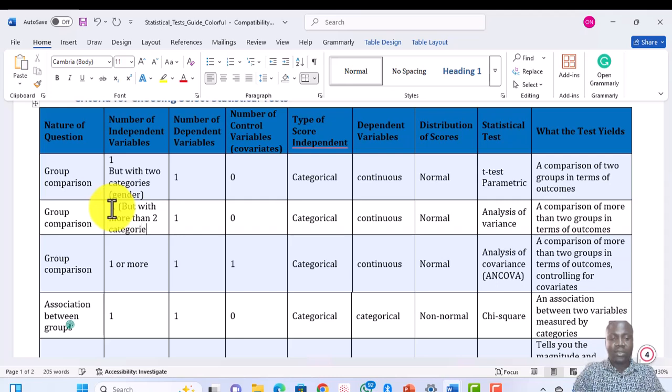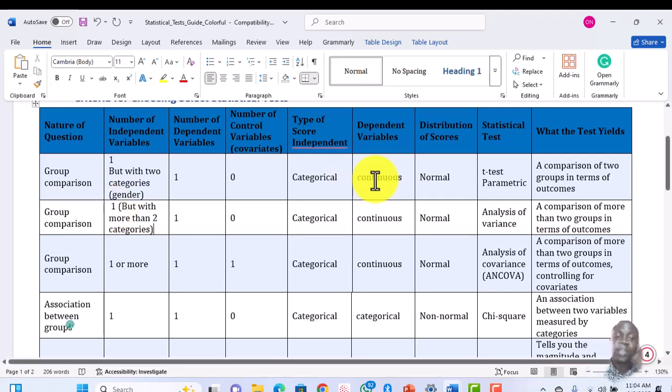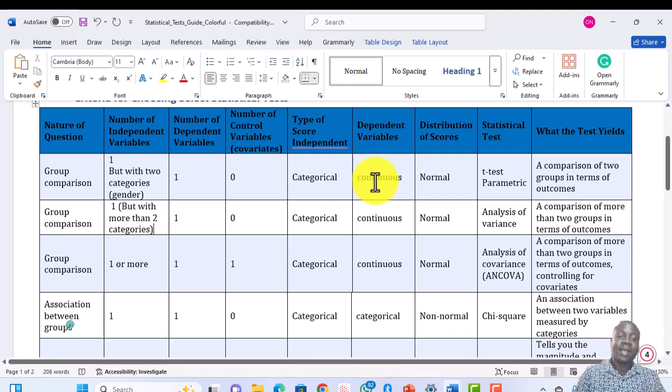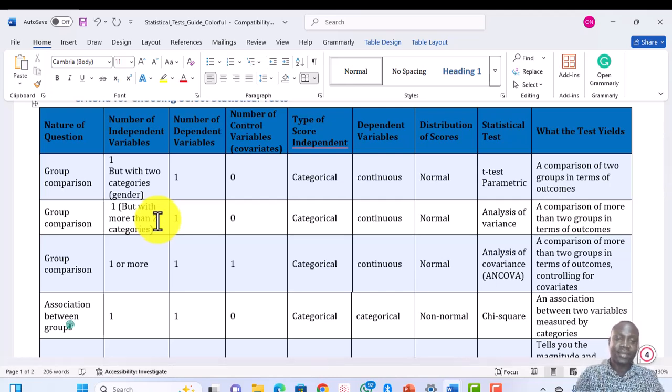So for this, when you have this situation, let's assume you are a school teacher, and within your school we have the 3 ethnic groups that are coming there: the Hausa, the Yoruba, and the Igbo. And you want to consider whether the ethnicity, so the independent variable is 1, but it has 3 categories.